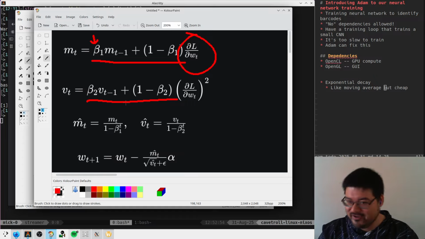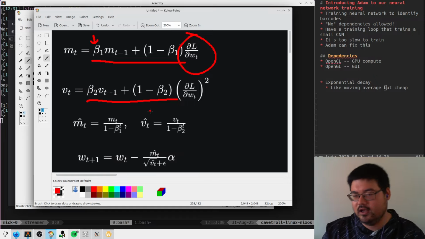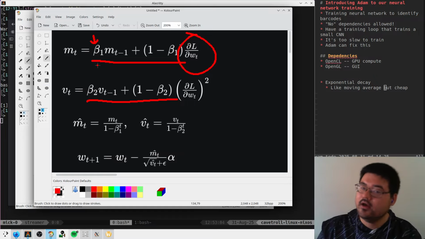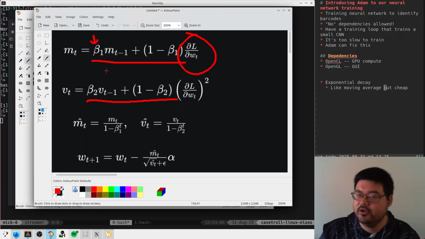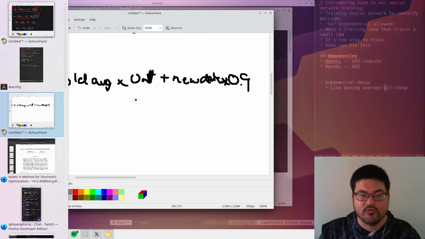Okay. What is this? This is basically the calculus way of writing how much our incorrectness contributed to the answer. So this M is basically taking an average of the signal over time, right?